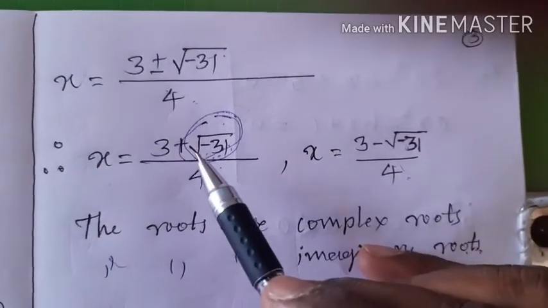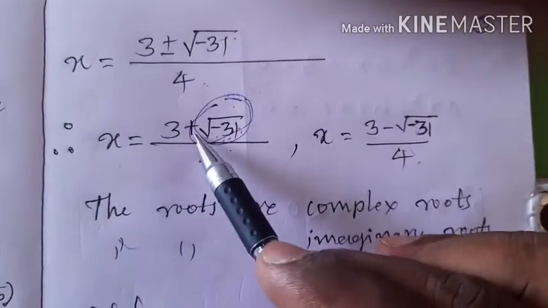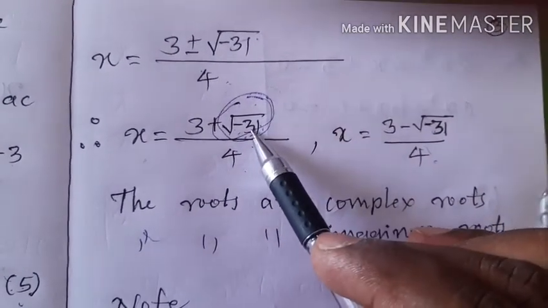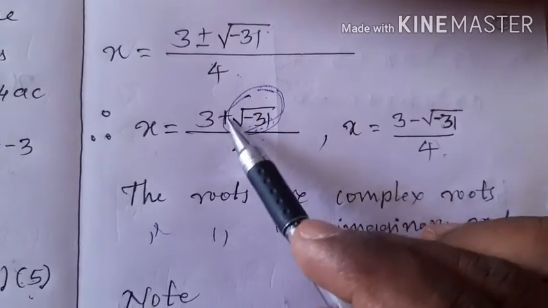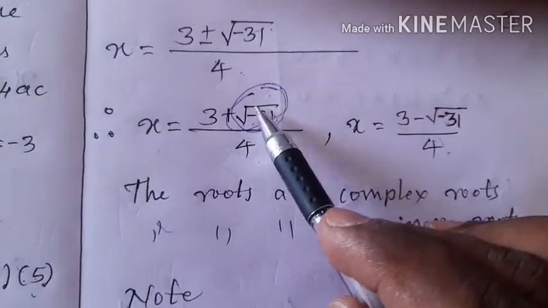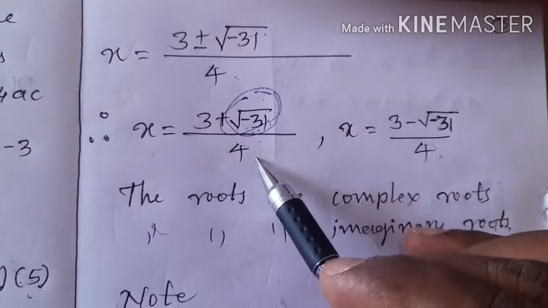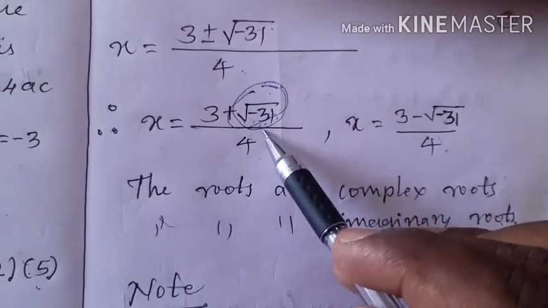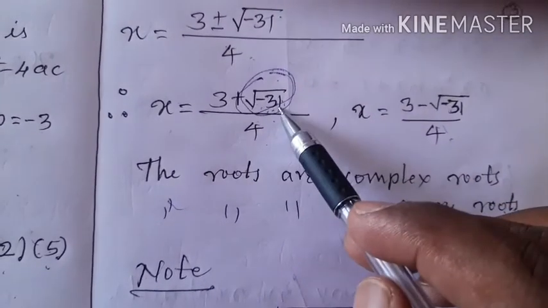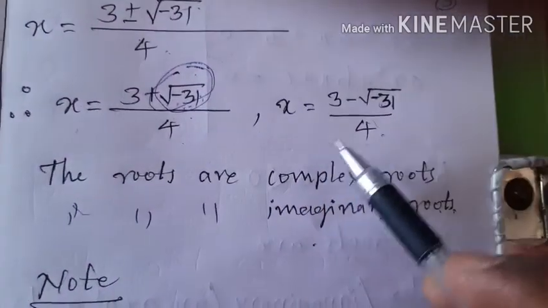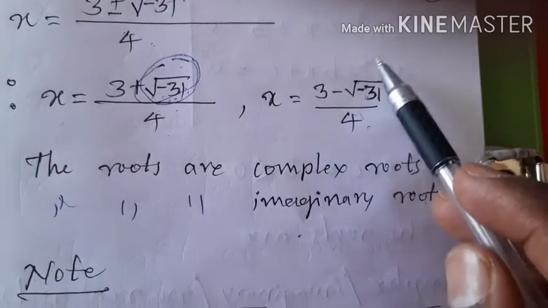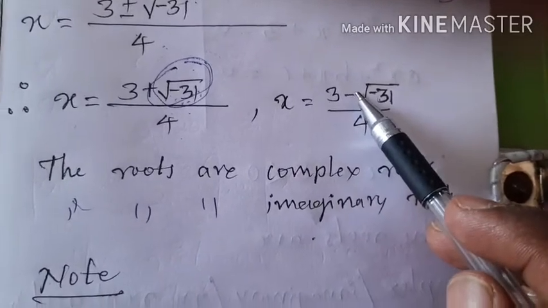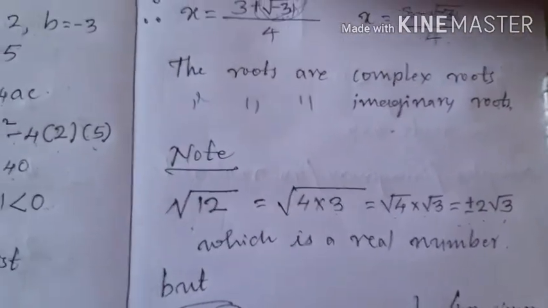Here there is a square root under which there is a negative number, that's why this is a complex number. That is why we call it a complex root. And here also x is equal to 3 minus square root of minus 31 by 4 is a complex root. Hence the verification. Is it clear?